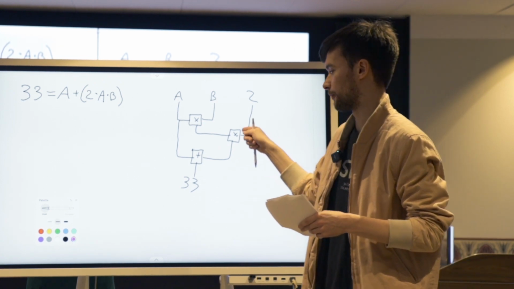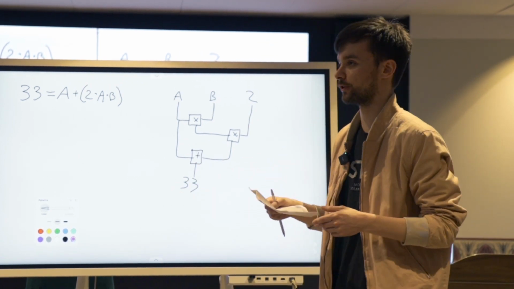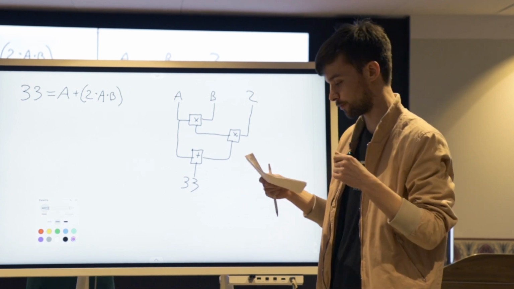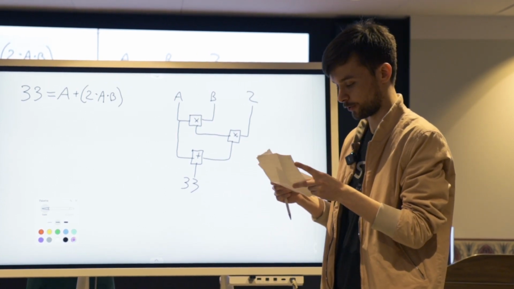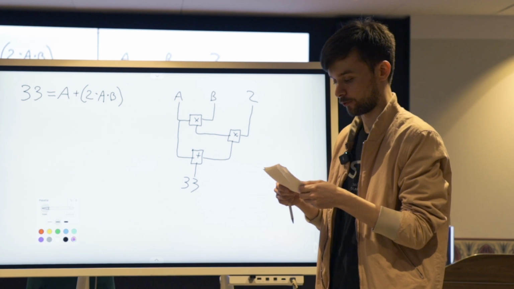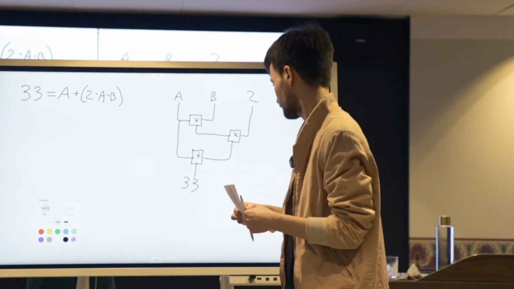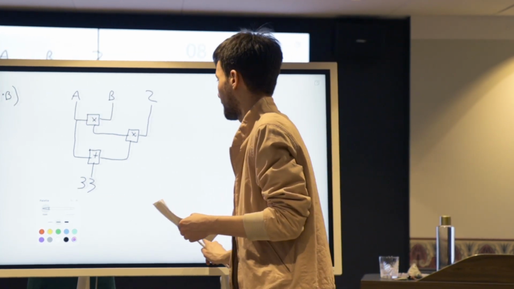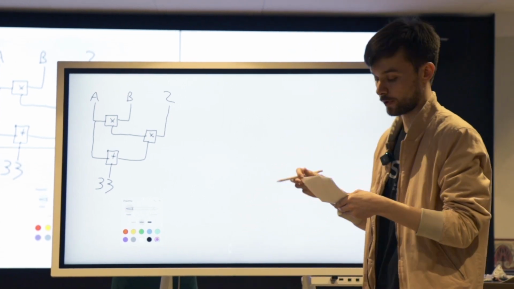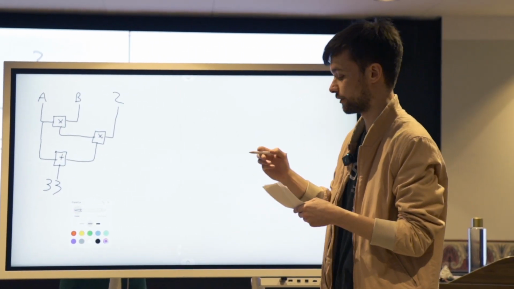And then the way that you go from the circuit to polynomials depends on if you're doing R1CS or Plonkish. But the gist for Plonkish is that you have constraints of this form.